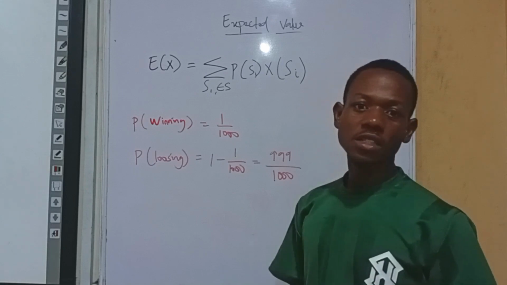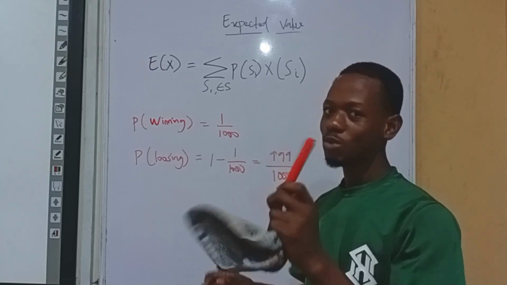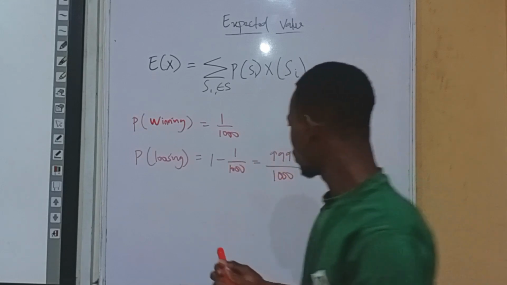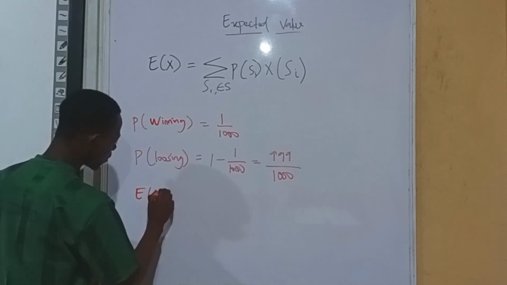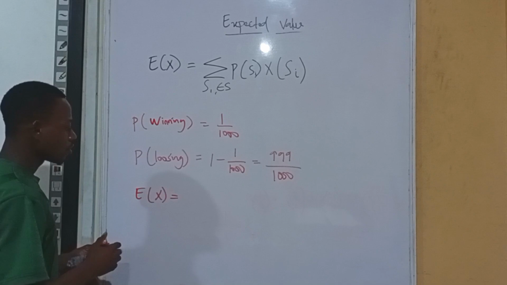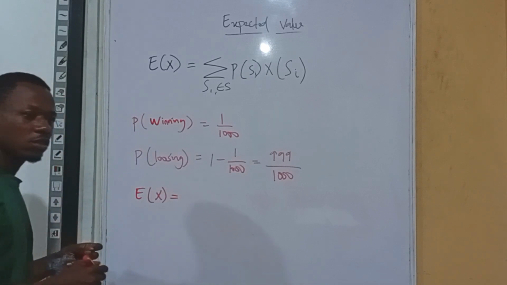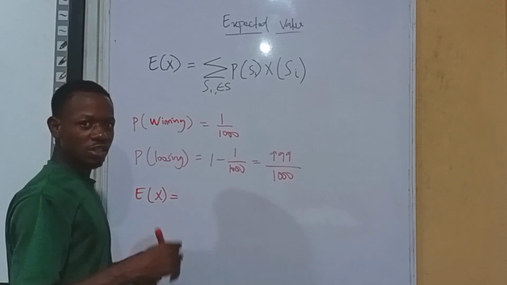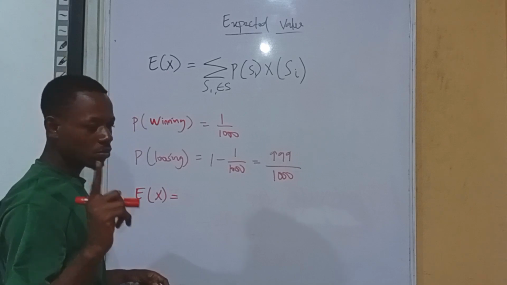The expected value that the person is going to get for each game is what we want to find out. So let's say the expected value is X. It will now be equal to, what is the net amount that the person is going to win? The amount is meant to be 500, but he has already spent $1 on buying the ticket.